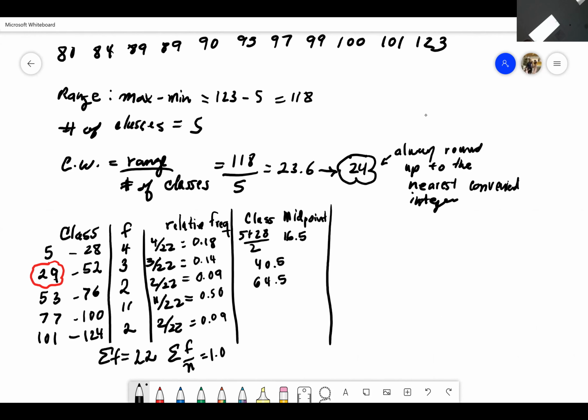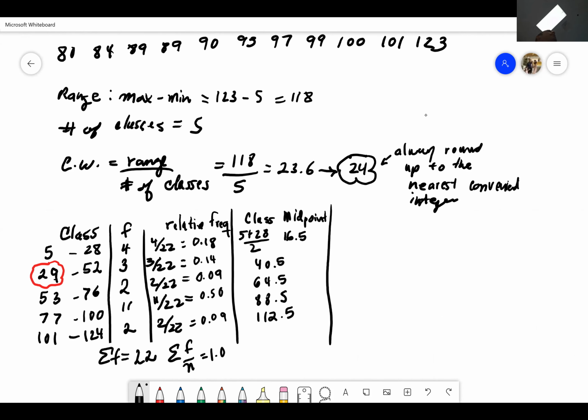Add 24 to that, I get 88.5. Add 24 to that, I get 112.5. I'll grade it in a bit.